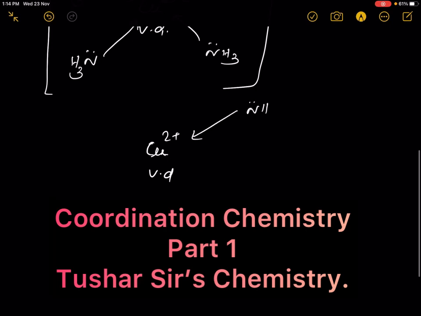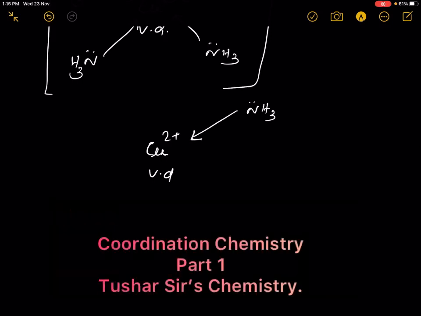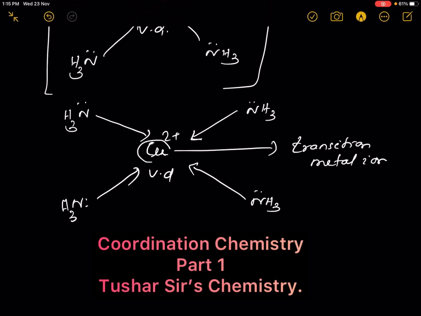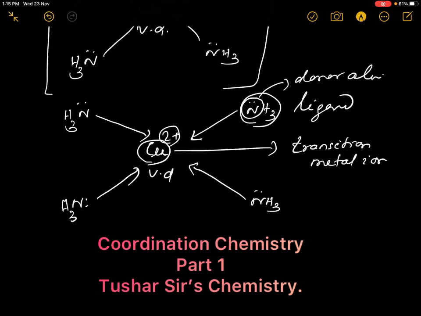The lone pair on nitrogen can be donated to the central atom. Here copper is a transition metal and Cu2+ is a transition metal ion. Ammonia is a ligand, and N over here is a donor atom having a pair of electrons, and these are coordinate or dative bonds.